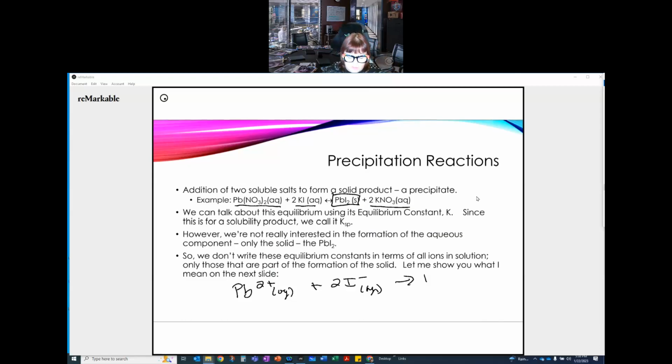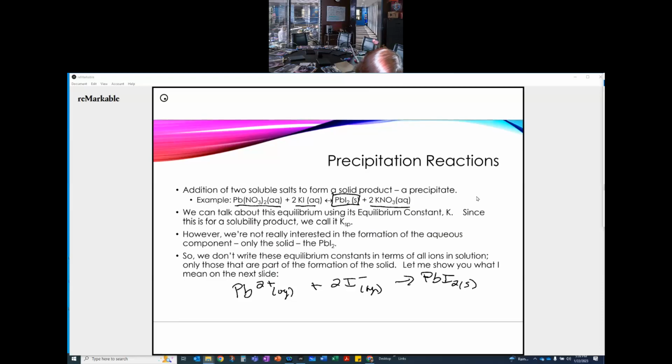Okay, so if we talked about breaking this down into only the things that make that PbI2, that's what we would be talking about there. And we typically don't write it this way, because that PbI2 is not something that appears in the K expression because it's a solid. So since we want to be talking about this in terms of a K that makes sense, our Ksp is usually written for the reaction in the reverse direction. Okay?